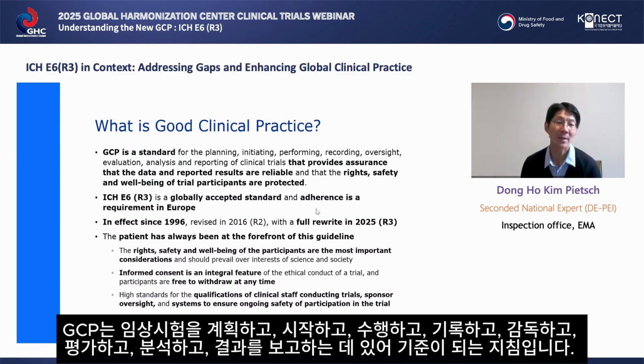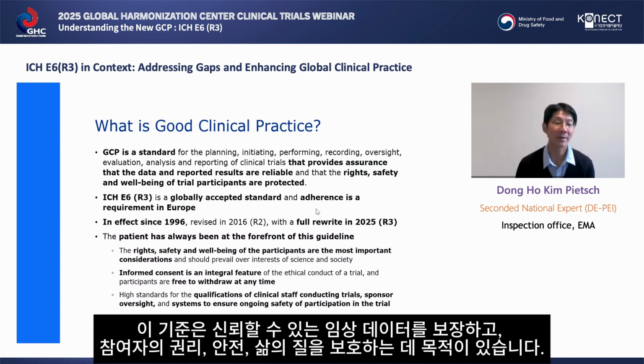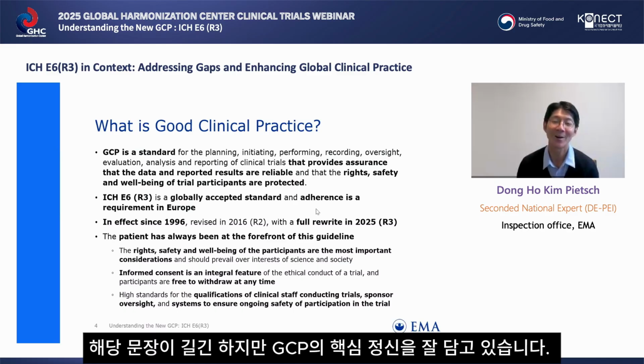GCP is a standard for the planning, initiating, performing, recording, oversight, evaluation, analysis, and reporting of clinical trials that provides assurance that the data and reported results are reliable and the rights, safety, and well-being of trial participants are protected. I know it's a long sentence, but it grasps the essential and the spirit of what GCP is about.